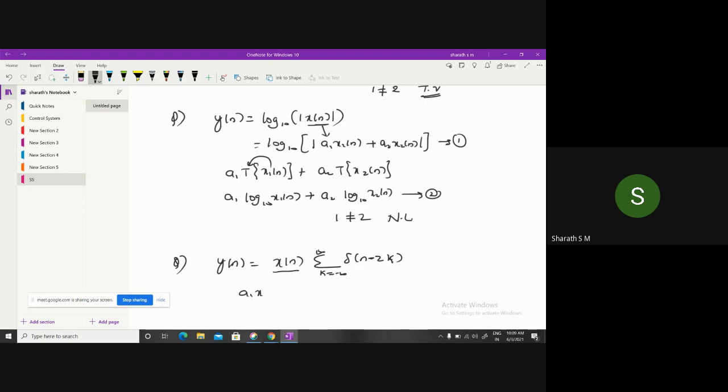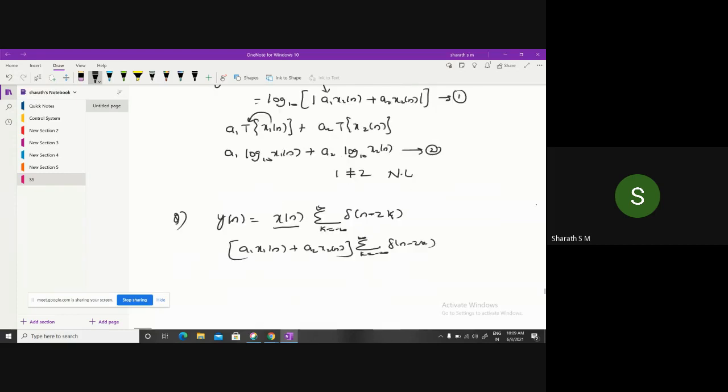So write that as a1 x1 of n plus a2 x2 of n, whole multiplied with summation delta of n minus 2k. If you multiply that, a1 x1 of n summation delta of n minus 2k plus a2 x2 of n summation delta of n minus 2k. So this is the first equation.